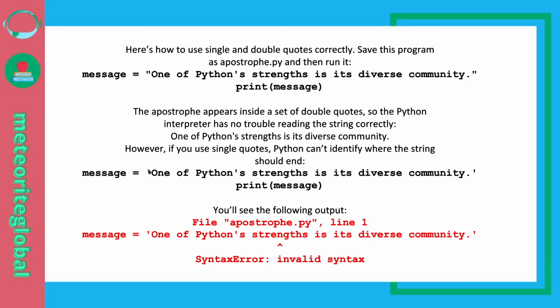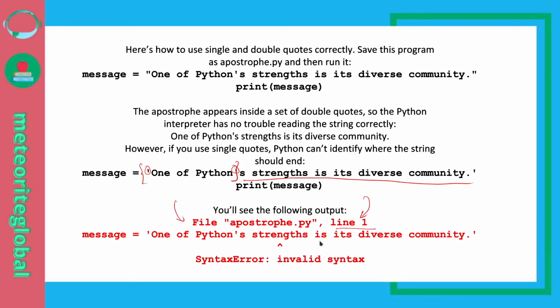But when you do this here, Python thinks that you've started the string here and closed it here. So the rest of this is just random gibberish that Python is never going to read. So Python gives you a message.